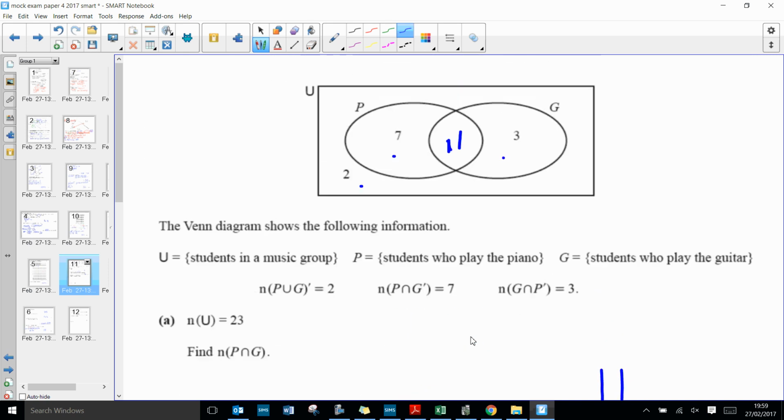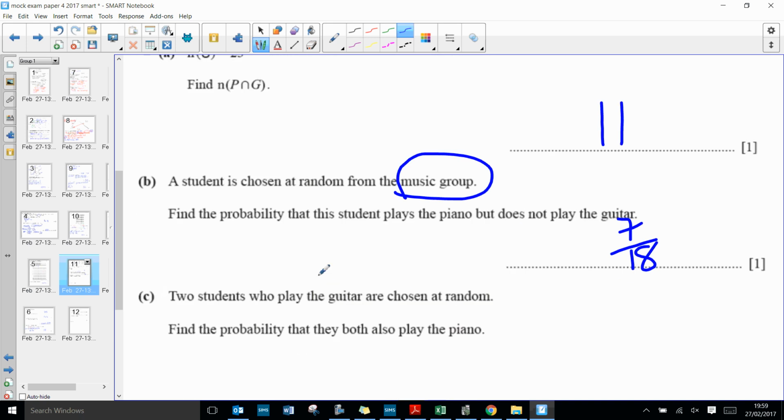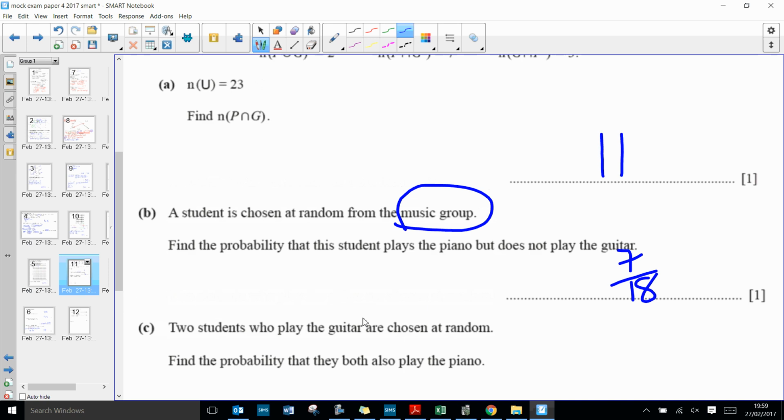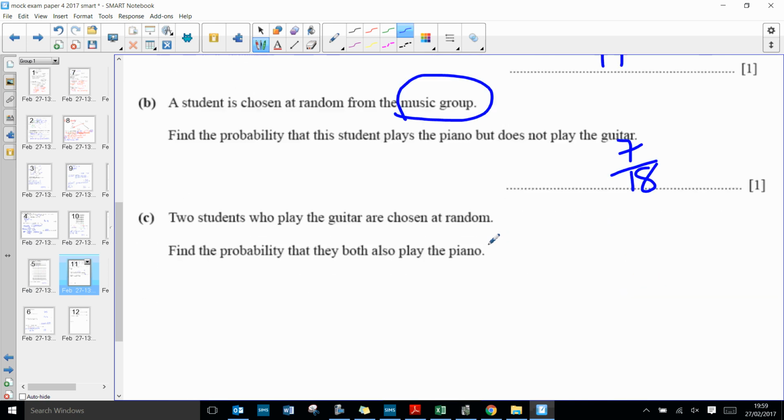So, two students who play the guitar are chosen at random. So these people play the guitar. So we've got 14 as our denominator. And 11 of those people play the piano also.